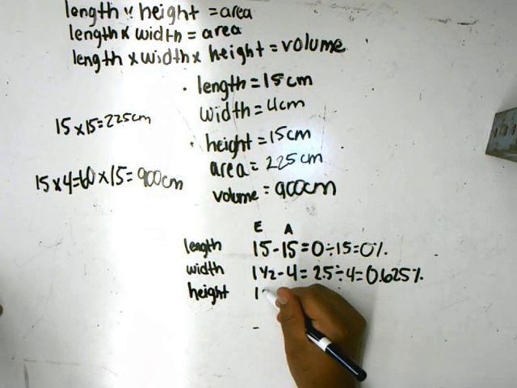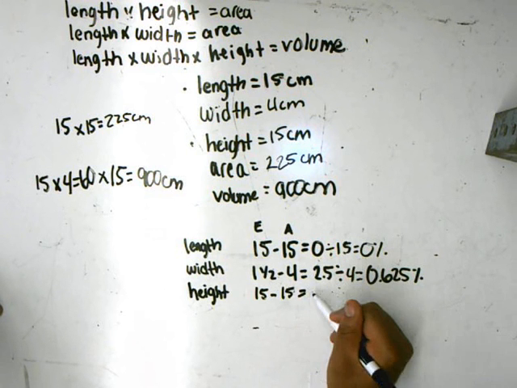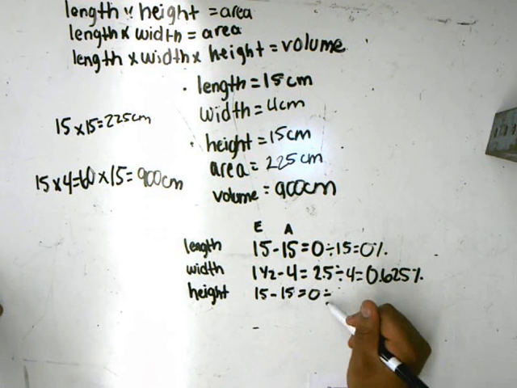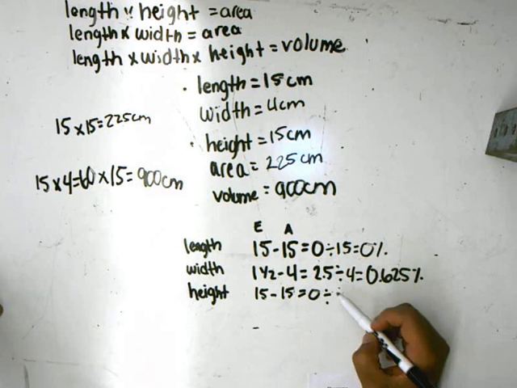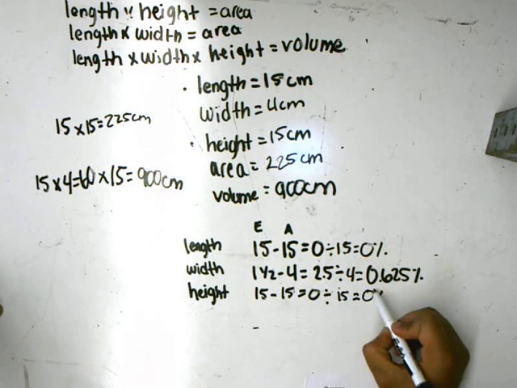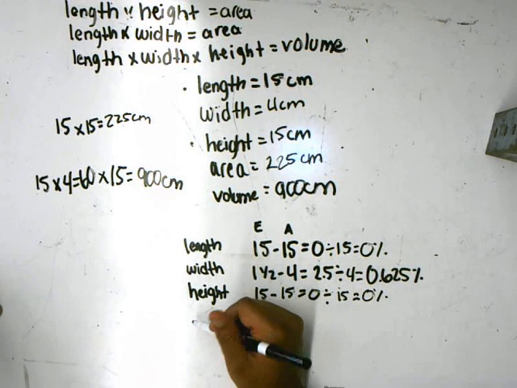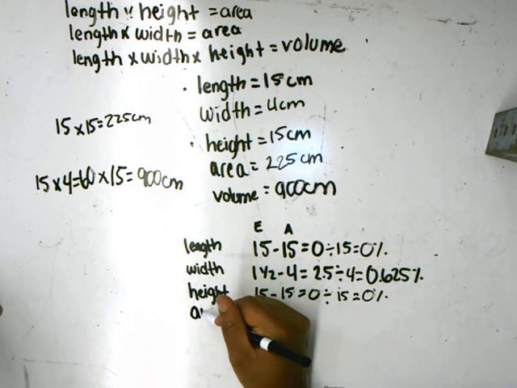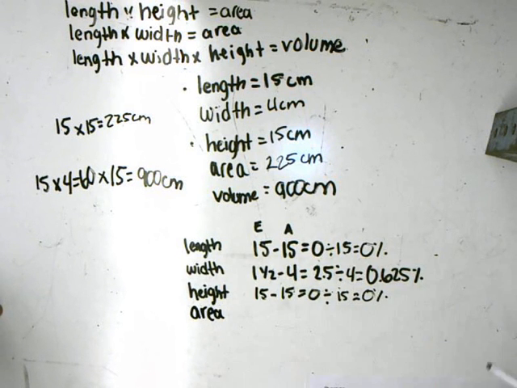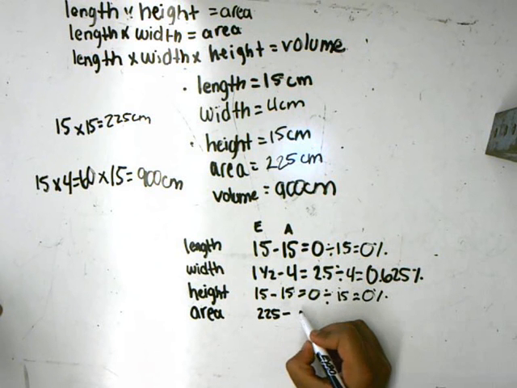Now moving on to area. I estimated the area to be 225, subtracting the difference of 225 as my actual, and I'm going to get 0. I'm going to divide 0 by my actual, which was 225, and I'm going to get 0% error for my area. Now, moving on to volume.